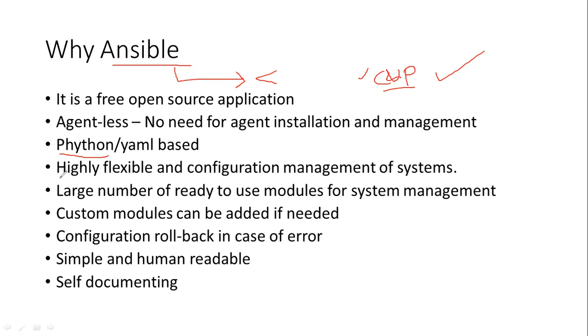Also, comparatively, this is a highly flexible configuration management system. Unlike Chef and Puppet, where we call them resources, in Ansible we call them modules. There are a large number of ready-to-use modules available to do system administration tasks, managing those systems, configuring those.